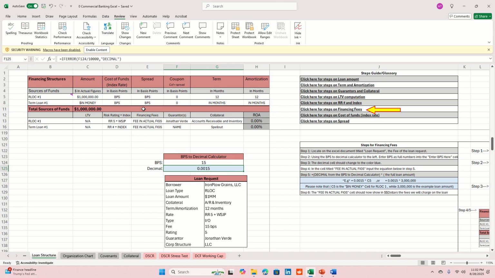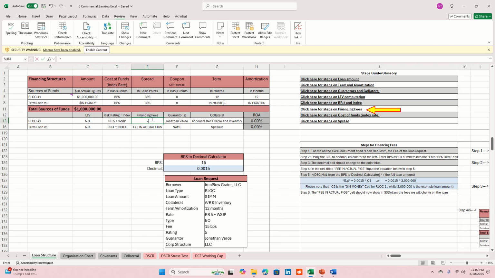So now we're gonna go up here to where it says financing fees, go down to fee in actual figs, that's column E, and then the row 13, which aligns with the revolving line of credit.